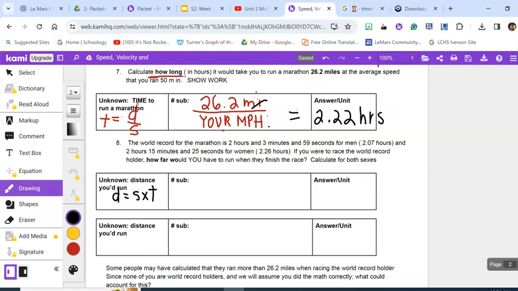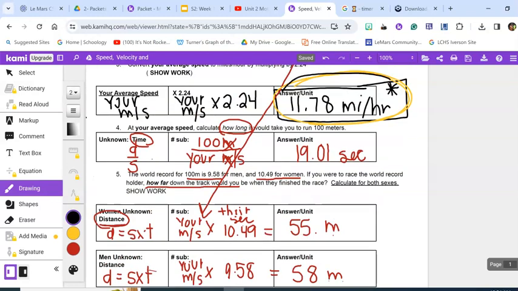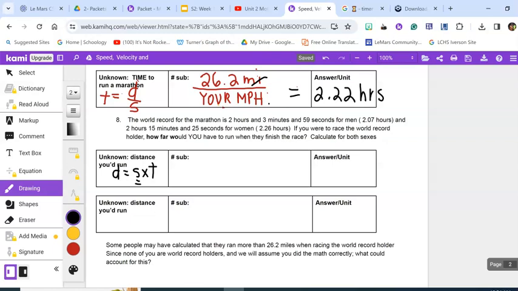Now this is one where you want to do your speed, which in miles per hour is this answer up here, times their time.